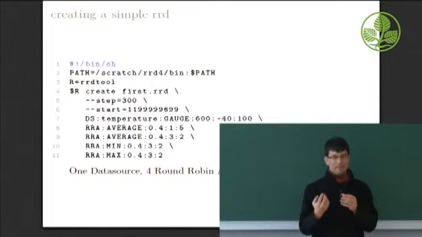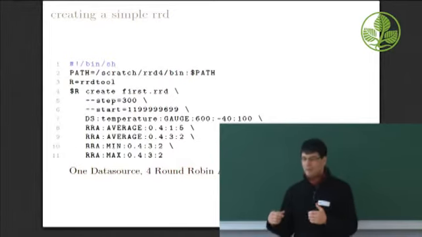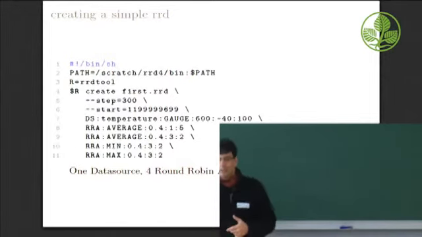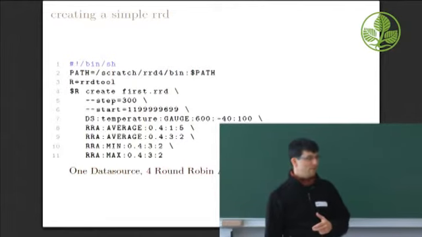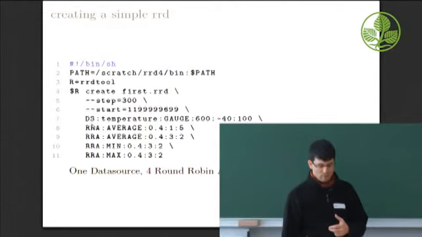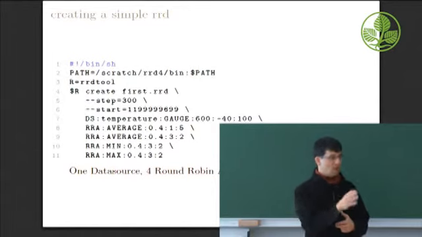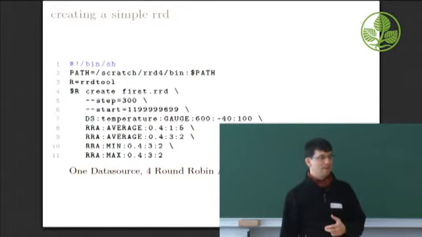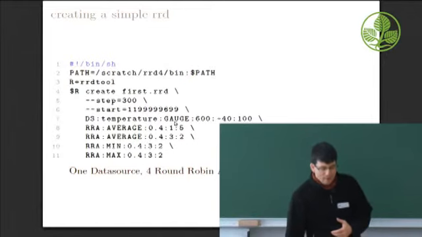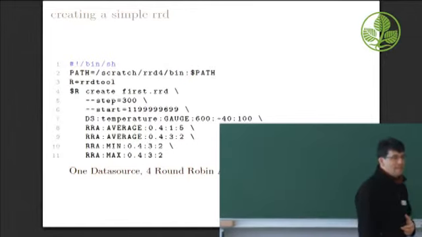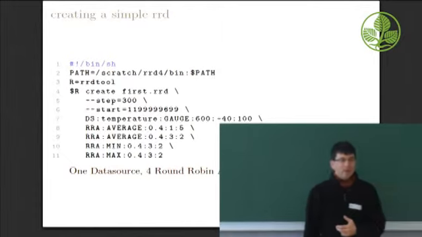So the data type internally is always the same. But by defining a data source, you can give RRDtool some information about the nature of the data. So what I'm doing here is I'm telling it that it's going to be called temperature. So whenever I refer to that data, to that column, I can refer to it by name, and the name is temperature. And then I'm also telling it that it's gauge type data.